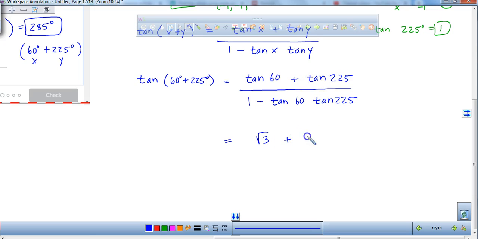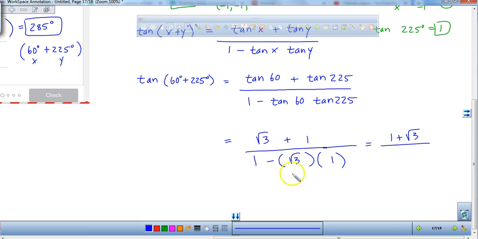I know that's going to be 1 over 1 minus the tangent of 60 degrees, which is radical 3, times the tangent of 225, which is 1. So here's what I end up having. I'm going to put the real number up front and the irrational number in the back, because that's how we like to do it. All the rationals up front, irrationals in the back. And then over here we have 1 minus radical 3.